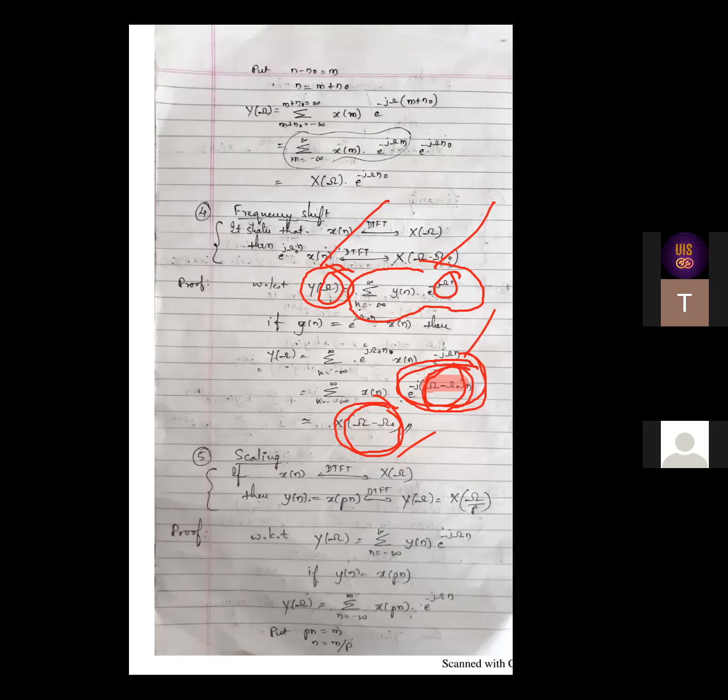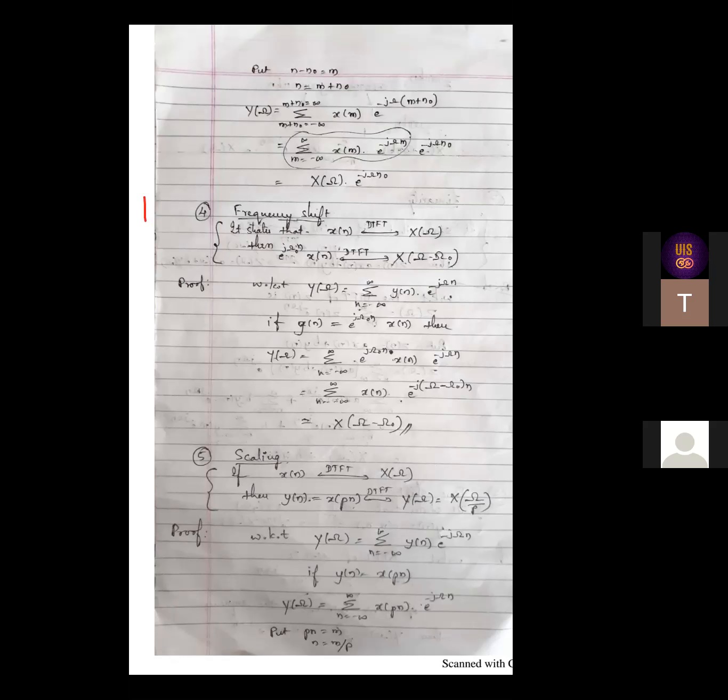Then we have the next property, that is scaling. Scaling is multiplying. You have already seen this scaling part in your module 1 in the basic signal transformations. If you see the definition of the scaling property, if you have a relationship between the input sequence and the Fourier transform in this way, then if your input is getting scaled by p amount of times, some p, we don't know what that value is, generally it is multiplied by n, that is p is some integer value.